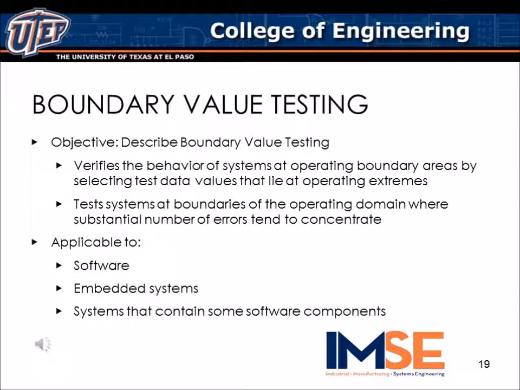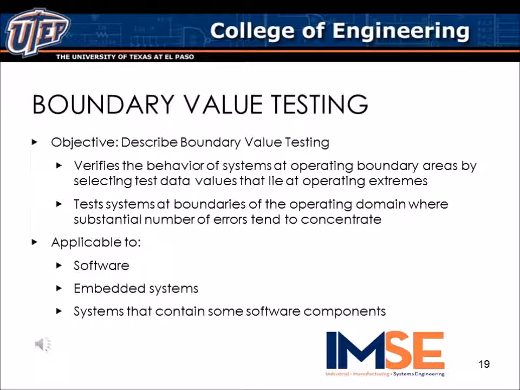Boundary test values may include maximum or minimum values within the normal operating domain, values just inside and just outside operating domain boundaries, typically encountered operating values, or specific error condition operating values. The objective of this method is to test systems at boundaries of the operating domain where a substantial number of errors tend to concentrate.